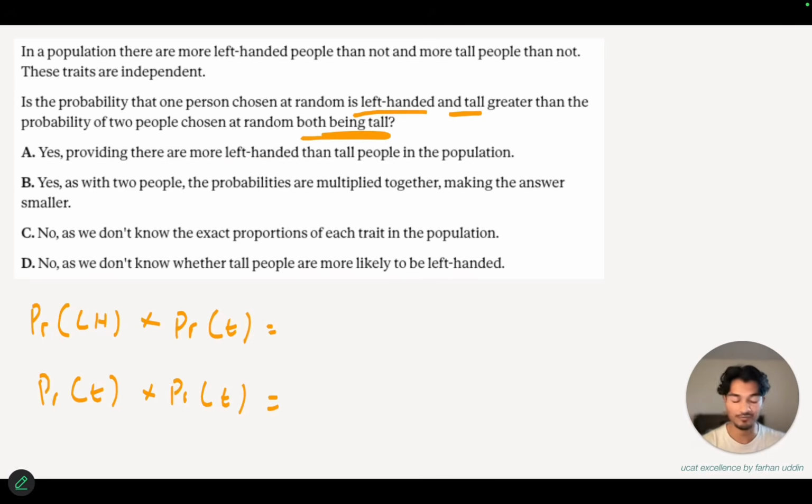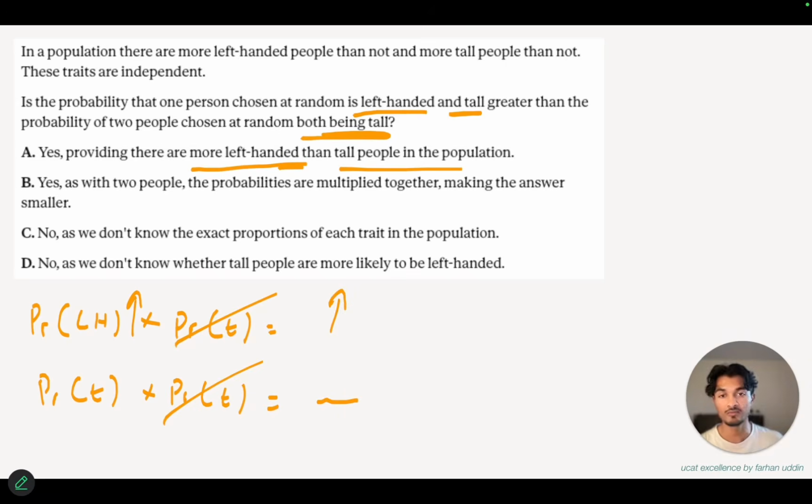Now, the reason I've tried to write things out in an equation format is so that you can see for yourself what it's actually meaning. So if these are the same, and providing that this is bigger, because it's saying that there are more left-handed people than tall people in the population, then yes, it does make sense that whatever this number is bigger than whatever this is.